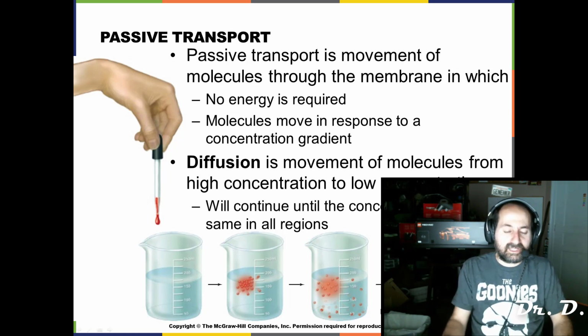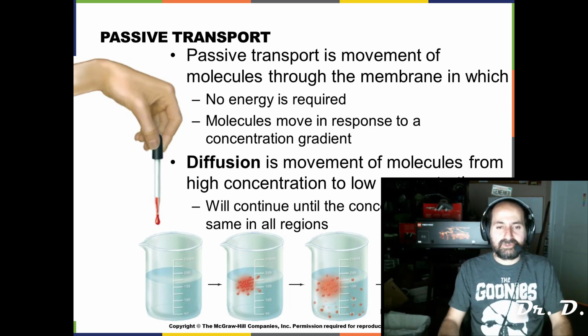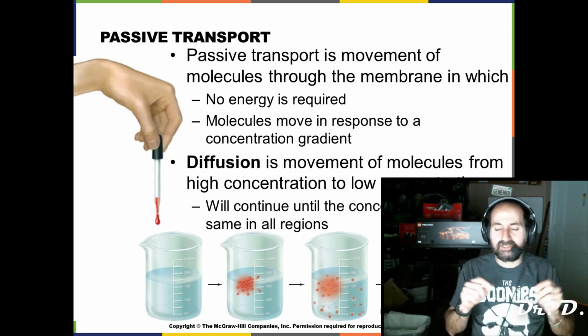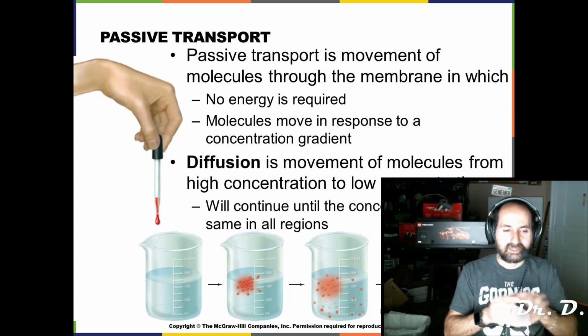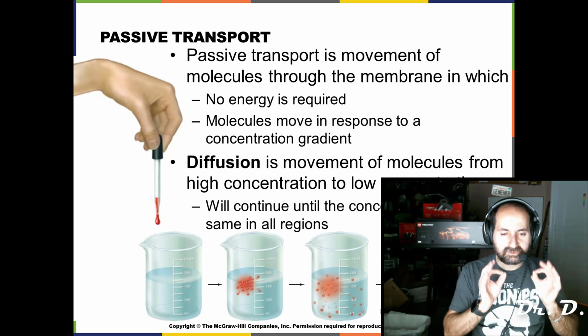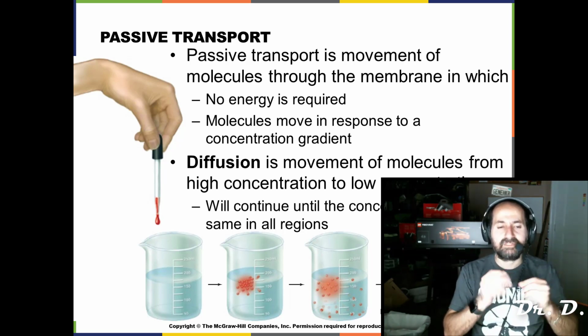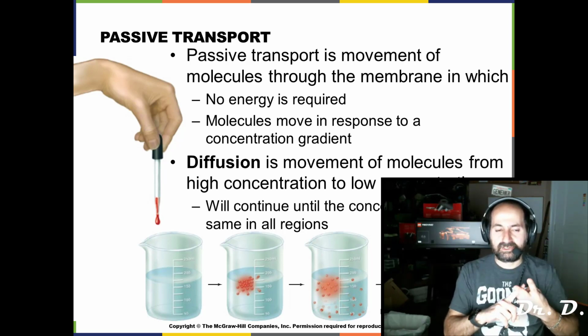Now, what you need to understand is that diffusion is a spontaneous process. Do you guys remember what spontaneous means? Hopefully you do from chapter 6. It was on the last exam. But chapter 6, we covered spontaneous. That means negative delta G. That means happens for free and releases energy, right?